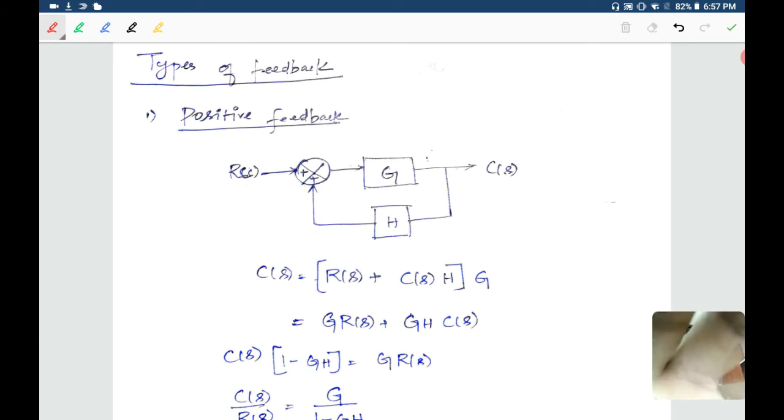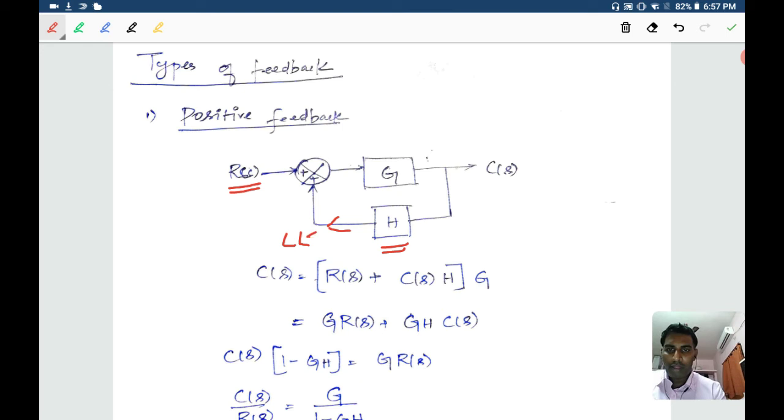Let's analyze this positive feedback system. If this is the input r of s and this is the feedback element, the output obtained here is c of s multiplied by H, and this is given to the summer.